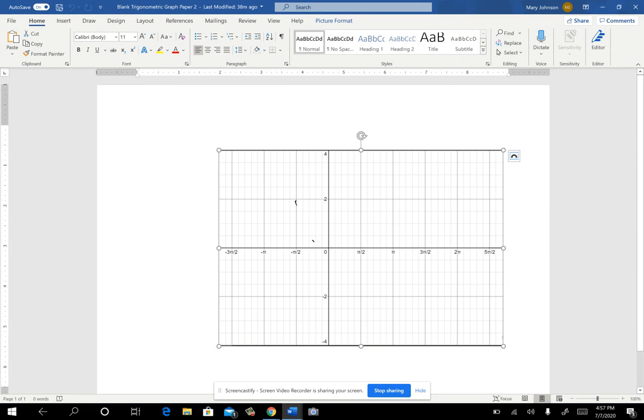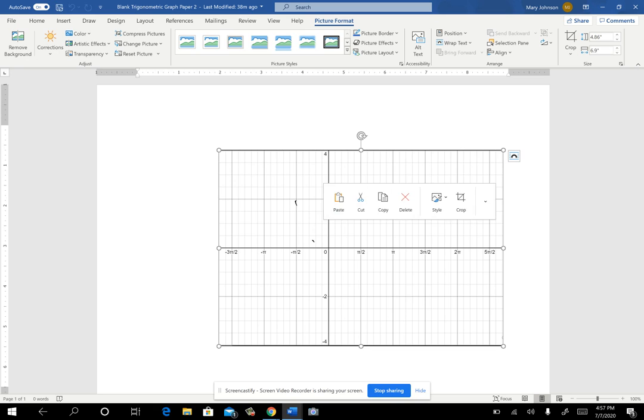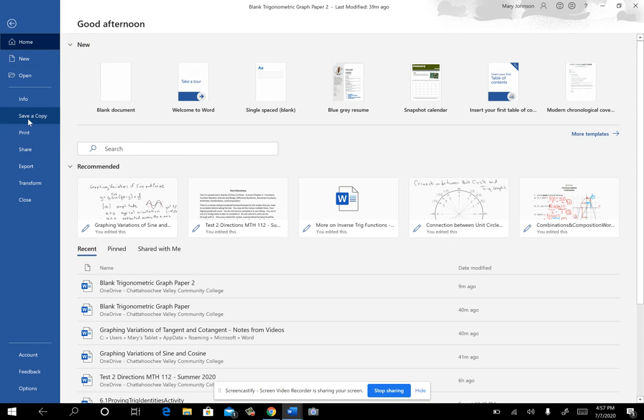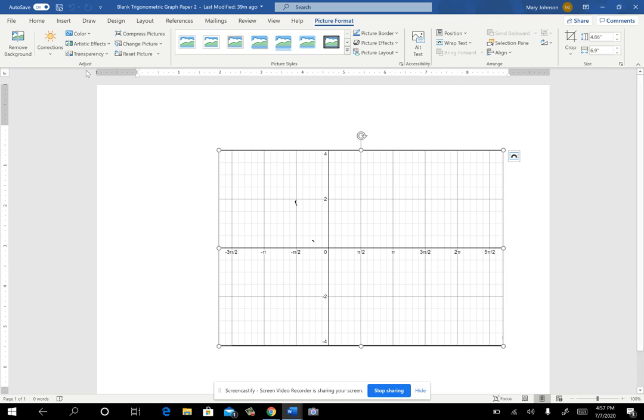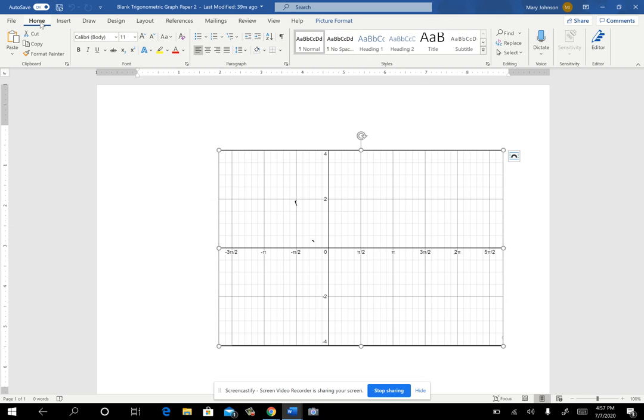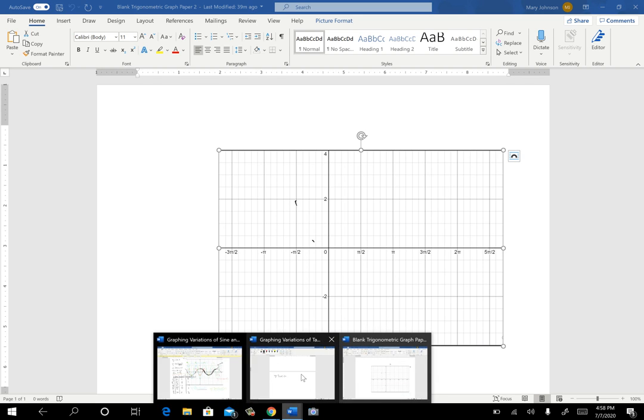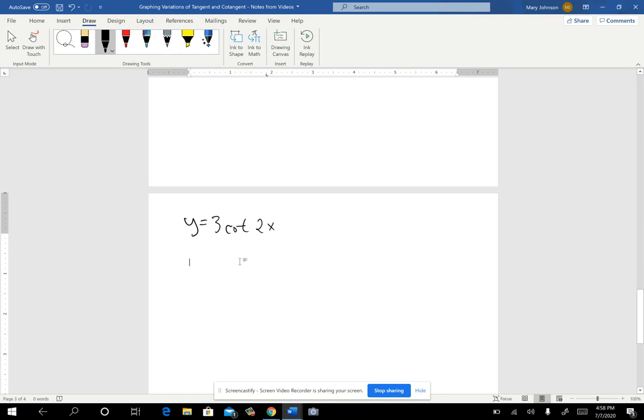Let me grab some graph paper here. I just want to copy that. And let me get a graph over here.